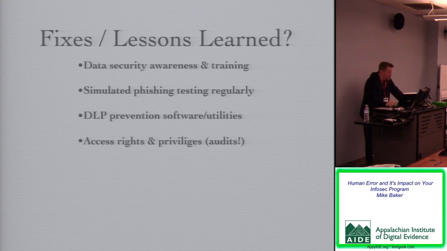The other two key aspects that need to be addressed from looking at these things and working with companies over the past couple of years is data loss prevention software, having some sort of monitoring in place for systems, for infrastructure, for user access. So those things need to be in place.